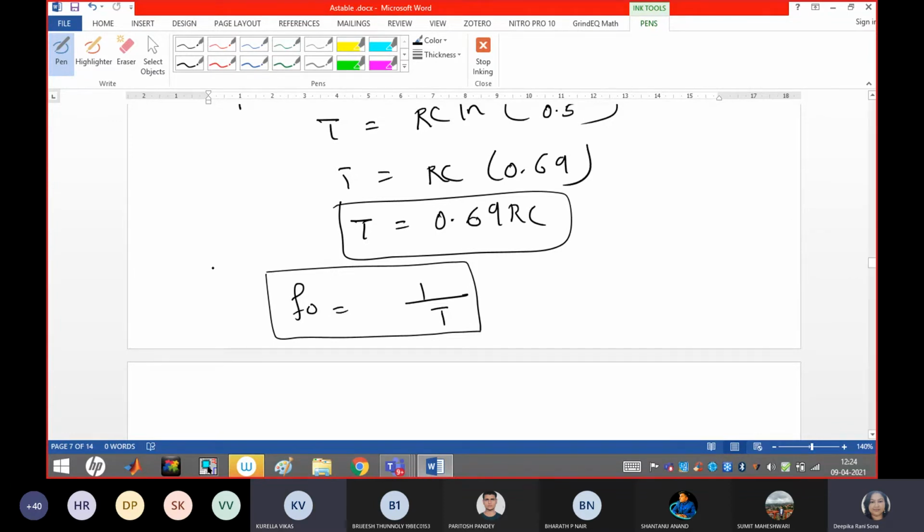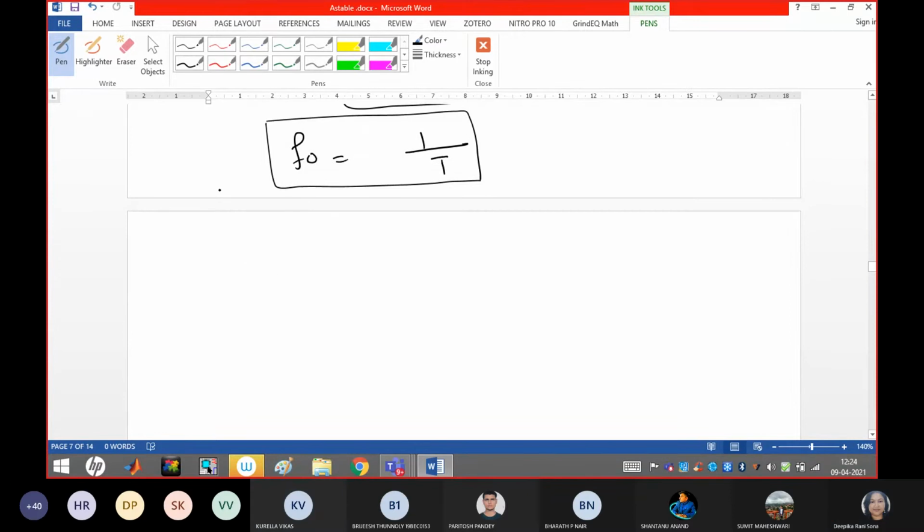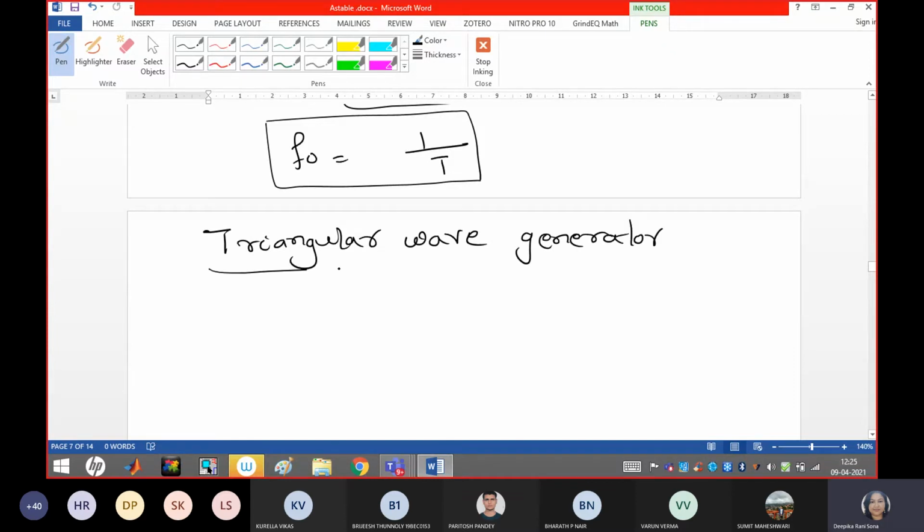So the next topic, guys, is the triangular waveform generator. It is very easy. I'll just draw the circuit for you, and you can easily say what the circuit operation should be. First you have to identify the type of circuit, or the combination of circuits, we have used to design the triangular waveform generator.